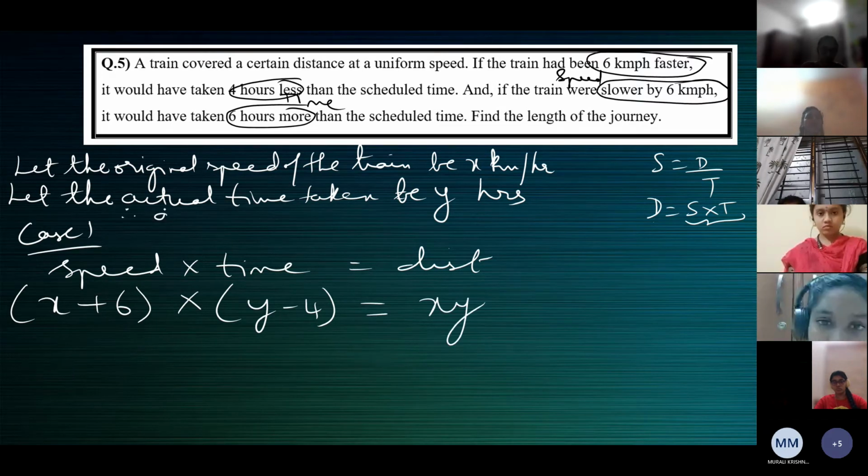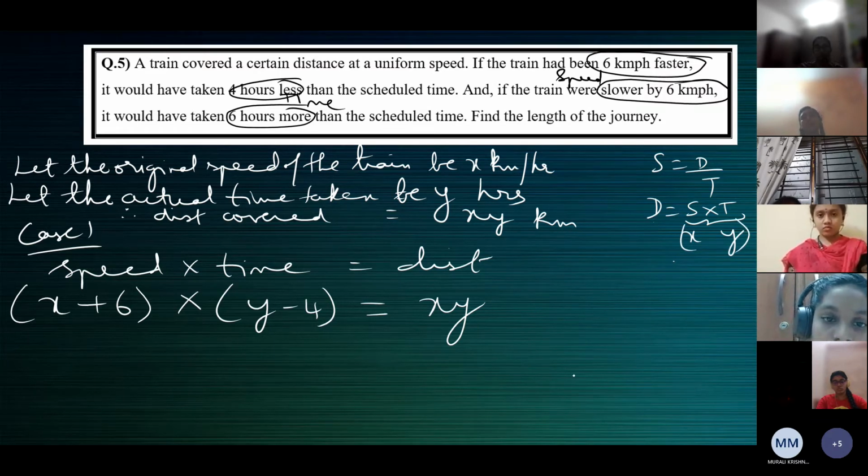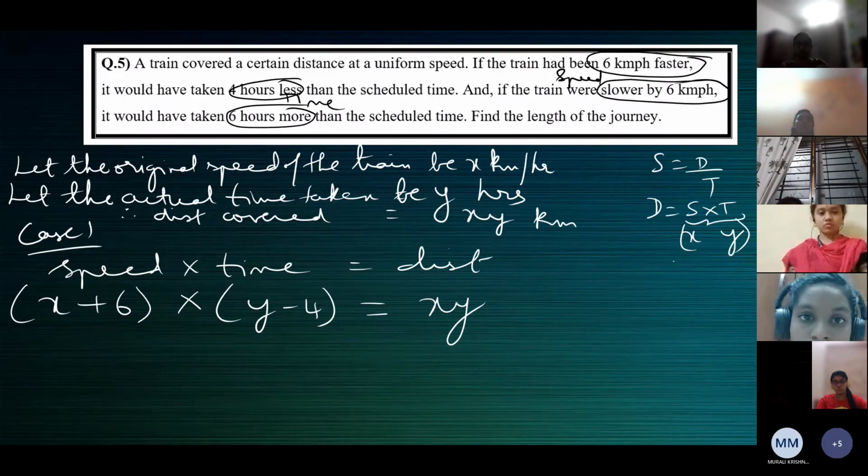Therefore, distance covered is equal to xy kilometers. I forgot to write that here. Because if the speed is x and the time is y, distance is xy, x into y. Children, if the speed is x and time is y, distance is speed into time, x into y.